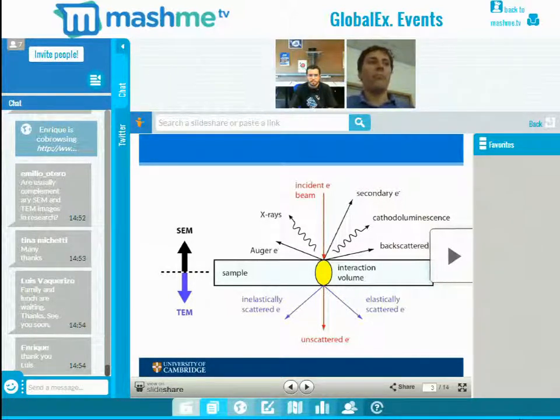So in an atom you have the different electron orbitals, and if an electron in there is hit by one of the electrons in the beam, you typically remove that electron, and when that electron is replaced, you start emitting X-rays. And these X-rays are specific for different materials. So the energy of the X-rays can be detected with a different detector in the SEM, and from that you can tell what kind of material you're actually imaging. So yeah, coming back to the question, SEM and TEM are highly complementary.